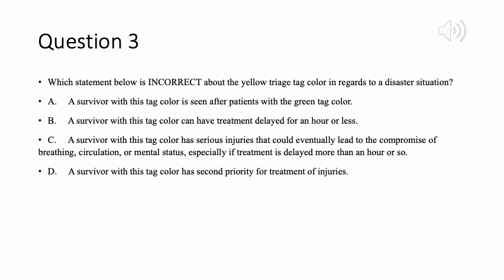C, a survivor with this tag color has serious injuries that could eventually lead to the compromise of breathing, circulation, or mental status, especially if treatment is delayed more than an hour or so. Or D, a survivor with this tag color has second priority for treatment of injuries. So just remember the word in here is incorrect. Which statement below is incorrect about the yellow triage color?